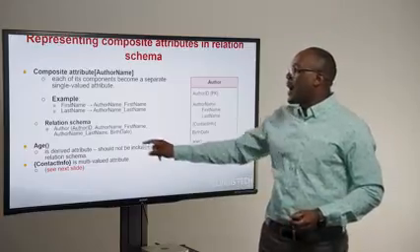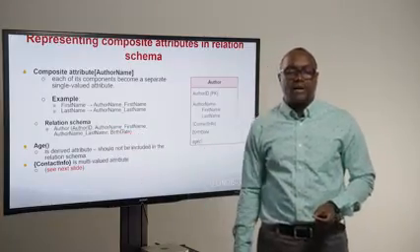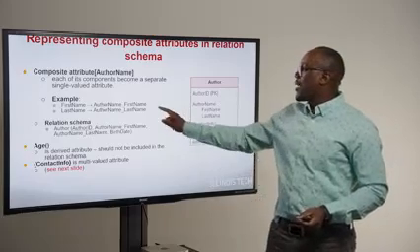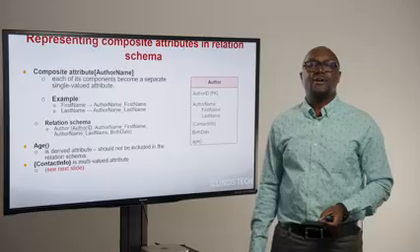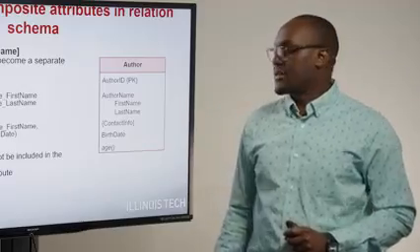Relation schema, how does a relation schema turn out to be? Because these are now fully fledged single valued attributes, we treat them as regular attributes in the relation schema.